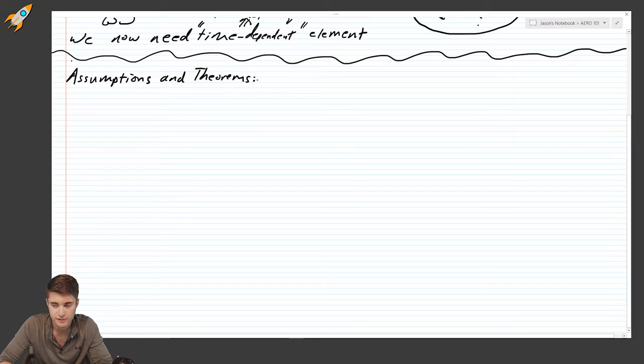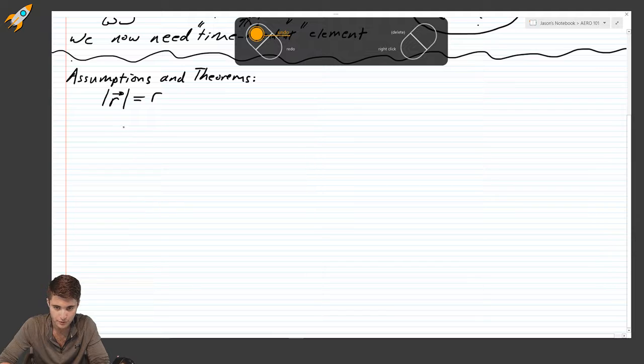Alright? First things first, a little bit of vector work. The magnitude of our vector will go like this. That's just the magnitude of r. Well, I should probably start with something else.